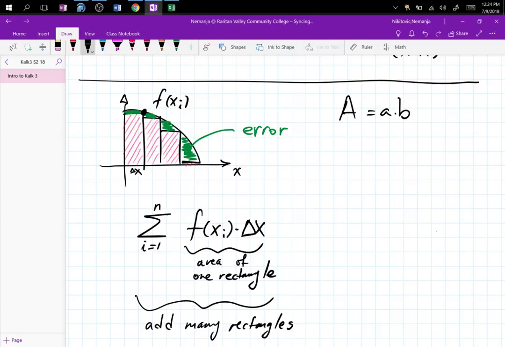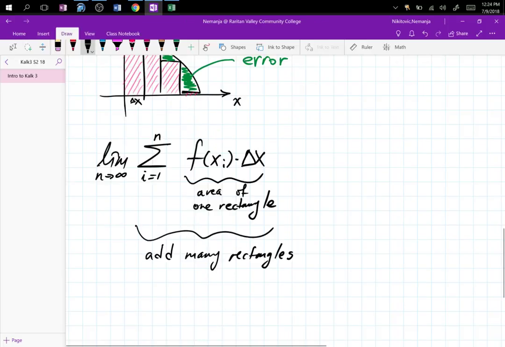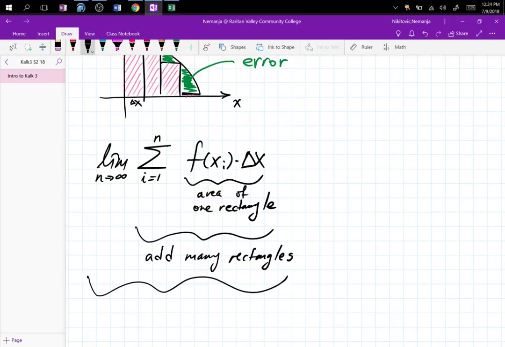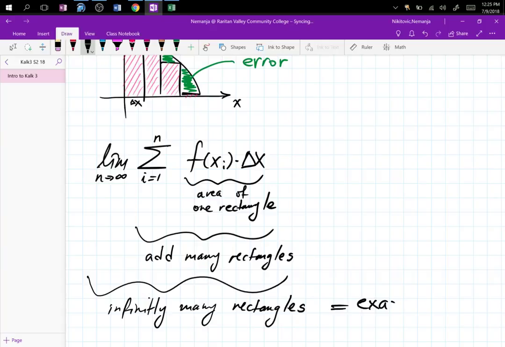So if I send eventually the number of those rectangles to infinity, now I'm adding infinitely many rectangles, and that is going to be the exact area. Therefore, I am getting the integral from a to b of f of x dx, and there's your calculus 1.